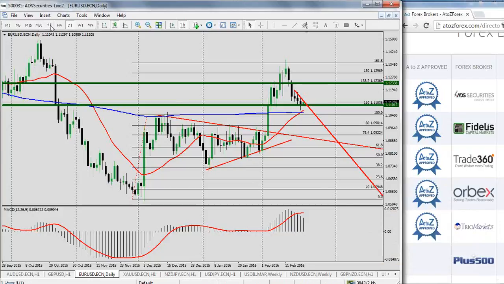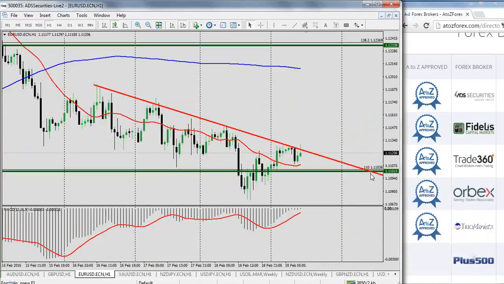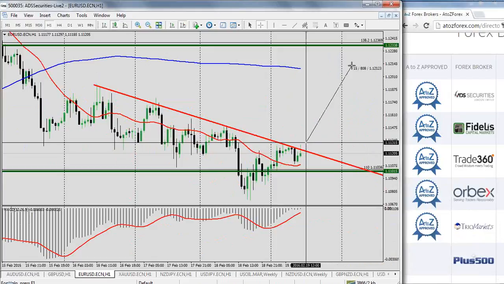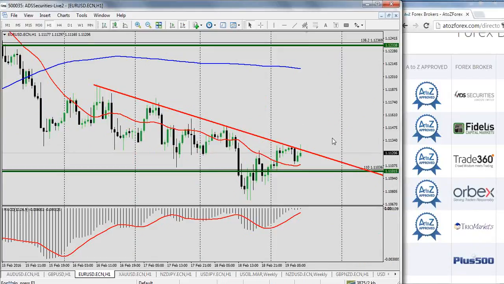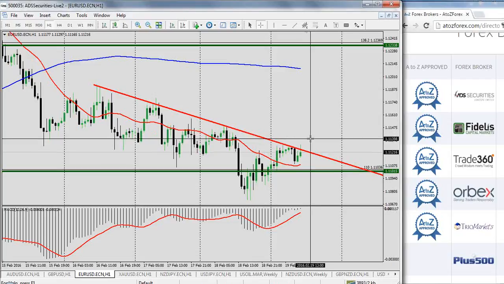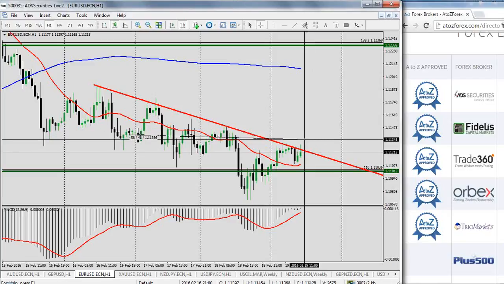So if we look at it clearly, we will see that there is a possibility for the pair to go on the bullish side, and I would look for today's highest high to be penetrated, basically a break above the 1.1135 level, and from there onwards we could be aiming to make 36 pips towards 1.1170.